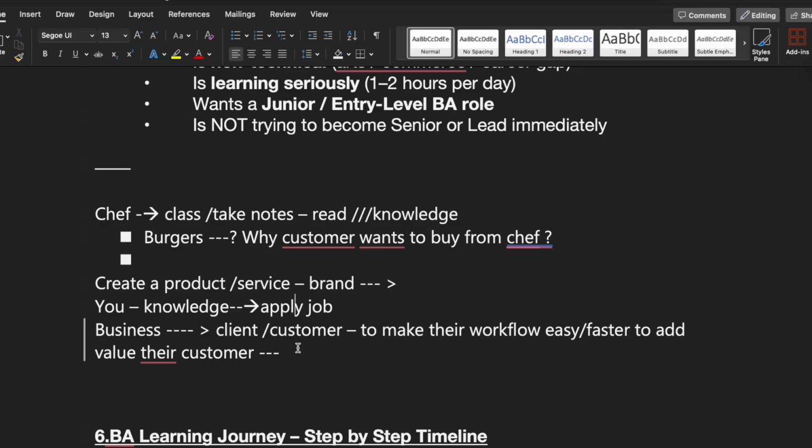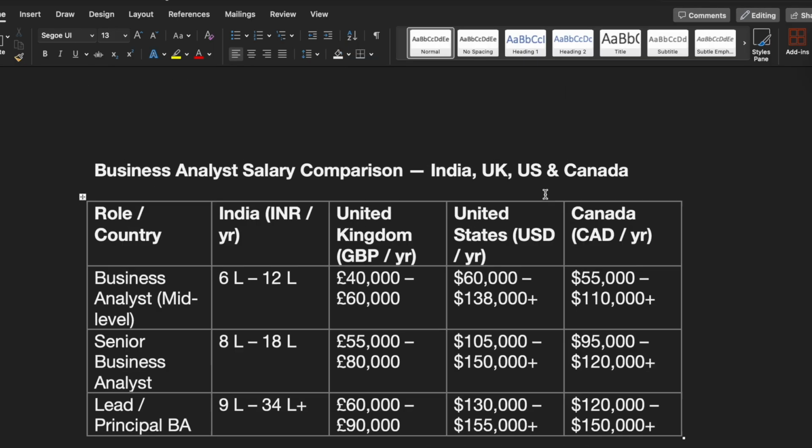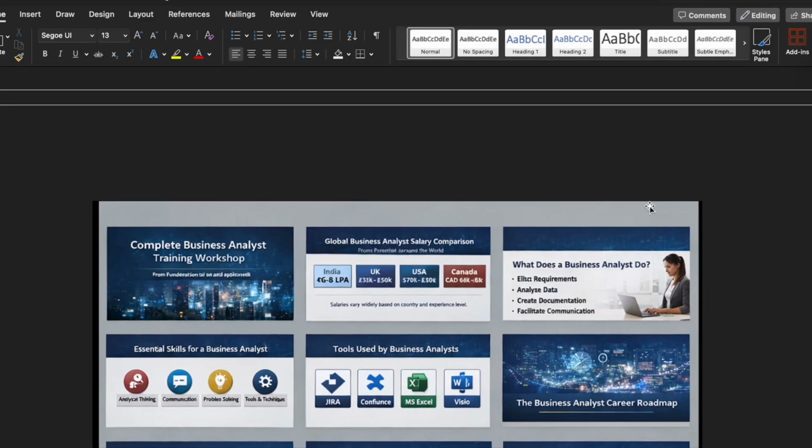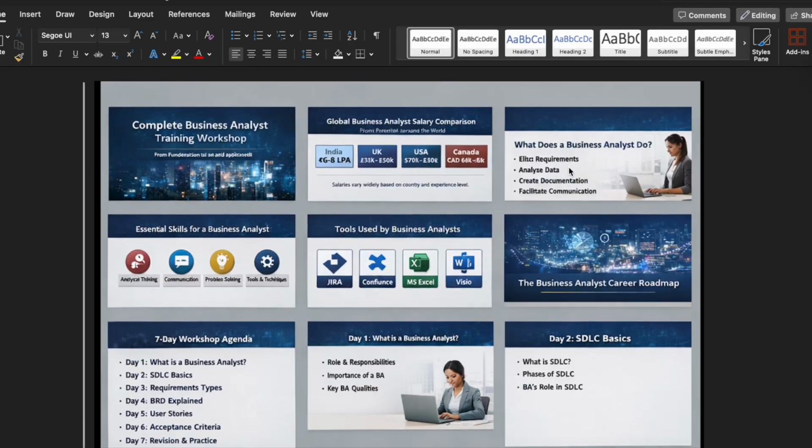So how do you convert your knowledge into skills? You need to practice. What to practice? Whatever knowledge you gain, SDLC, Agile, BRD, all the artifacts, you have to practice. Once you practice, you get skills.